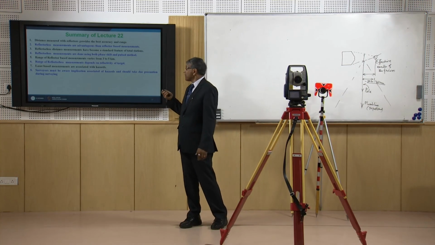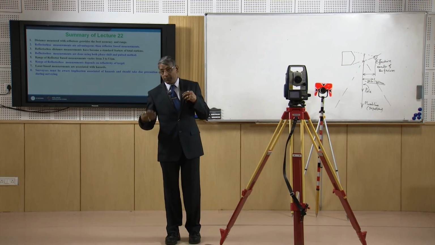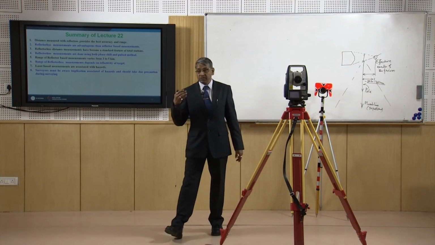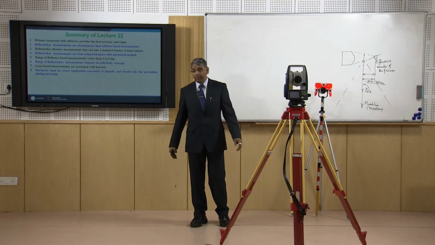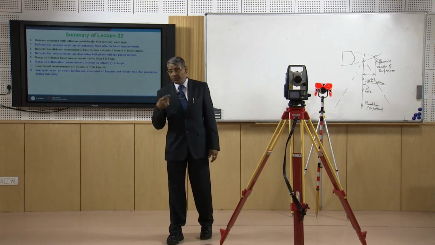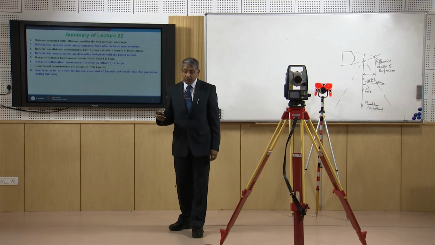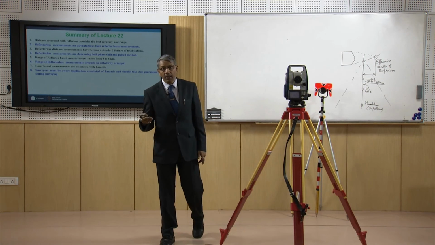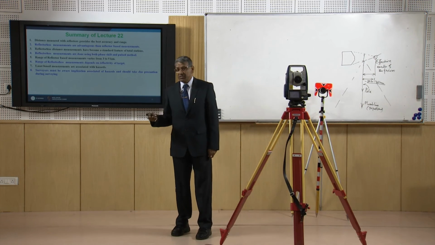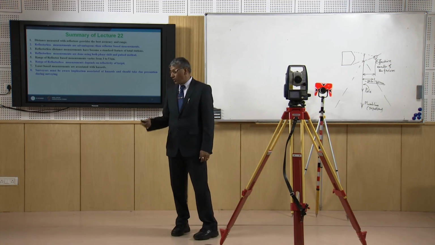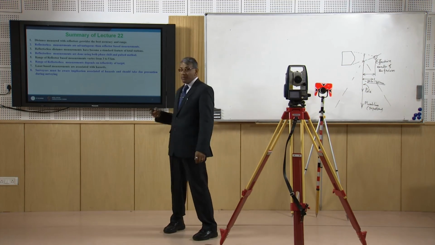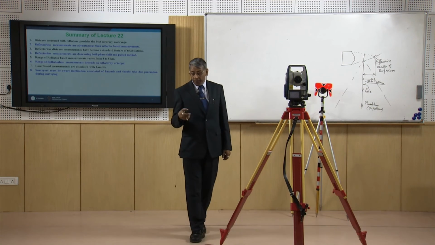However, it has some disadvantage, like we have to personally go and hold the staff reflector. But nowadays reflectorless measurements are getting popular, especially in inaccessible areas or areas which are dangerous for us to go. In those cases reflectorless measurement provides very good service.